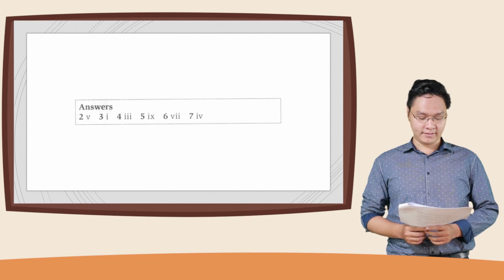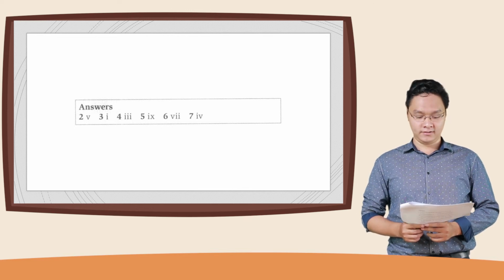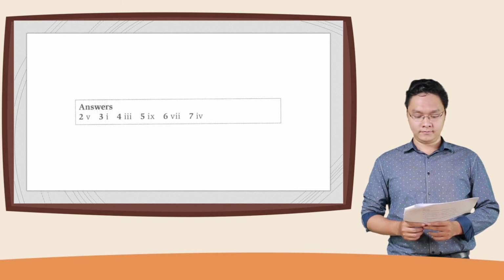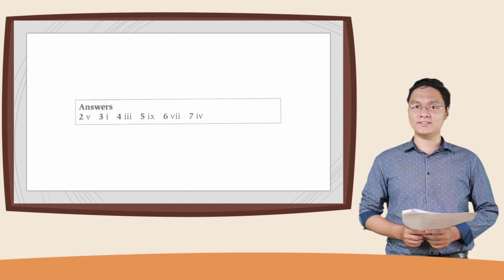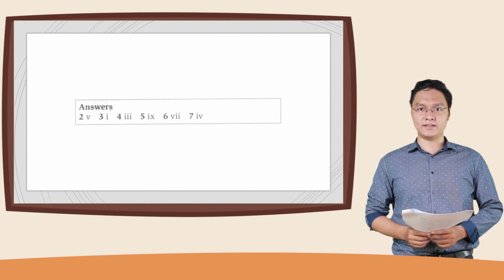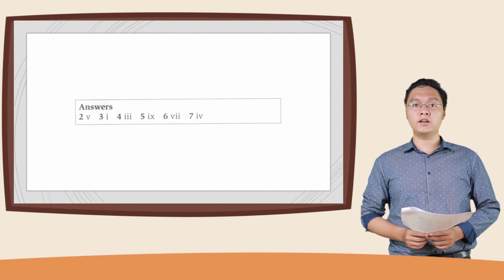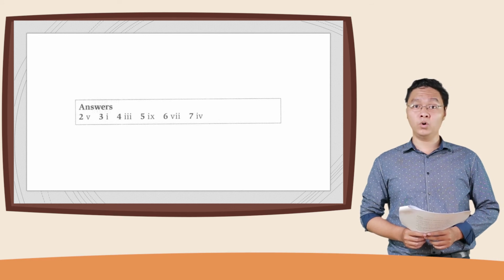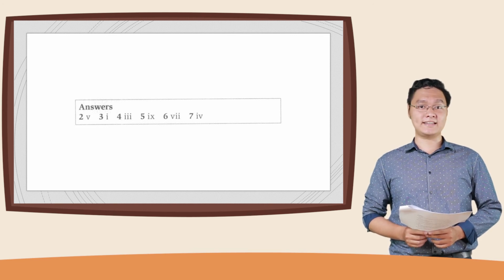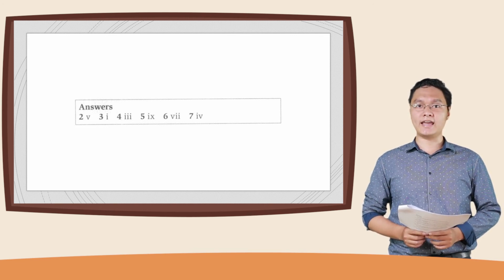And number 5, the answer is 9. Number 6, the answer is 7. And number 7, the answer is 4. Remember guys, for this task type, you should look for the general idea or the topic sentence of the paragraph. Okay? If you got some incorrect answers, try to take a look at the passage again.